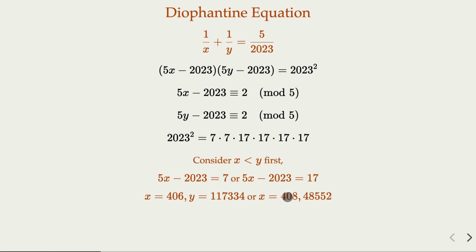In the second case, that's 408. And the corresponding y, if you plug in, you can calculate this, right? So if x is smaller than y, you will have two solutions. But in the general solution here, x and y are symmetrical. You can exchange x and y. So in total we would have 4 solutions, right?